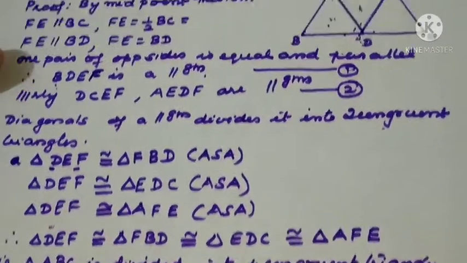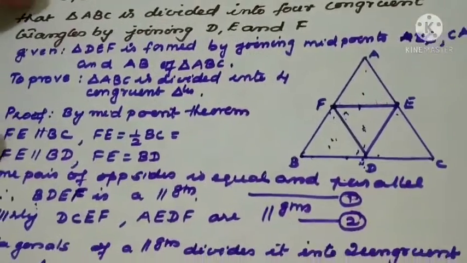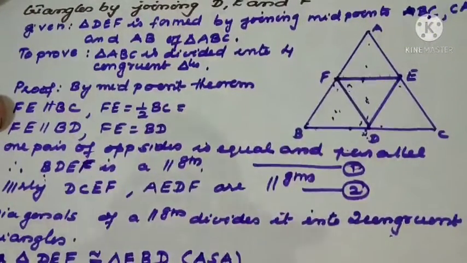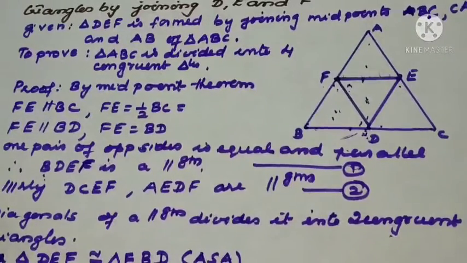So here the hint I want to give is that we can use the concept very easily. Only you have to keep the order. Otherwise, what will happen? Each time you have to repeat the criteria. That is not required. Triangle DEF we should take and identify the diagonal. The diagonal order will interchange.